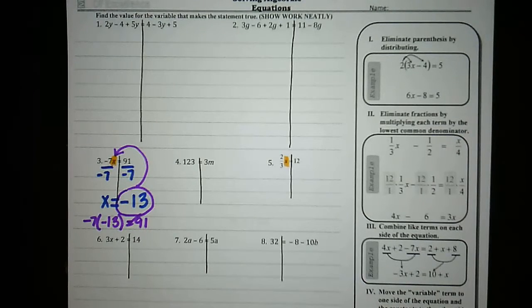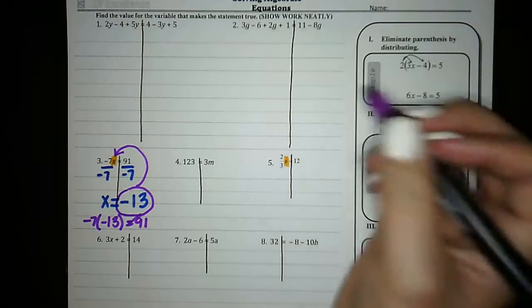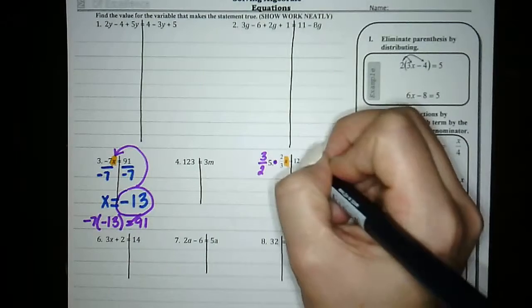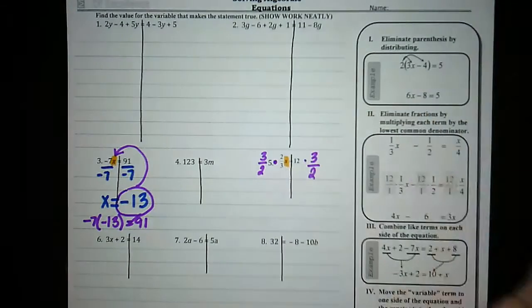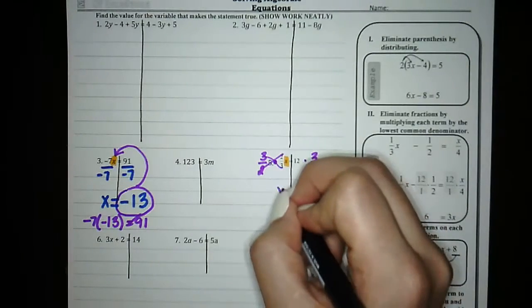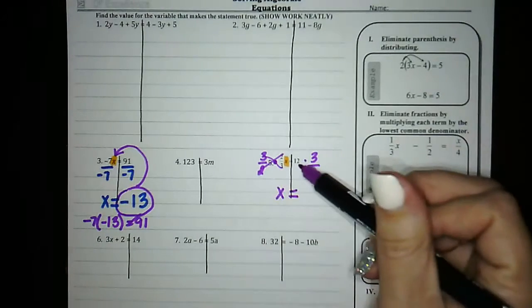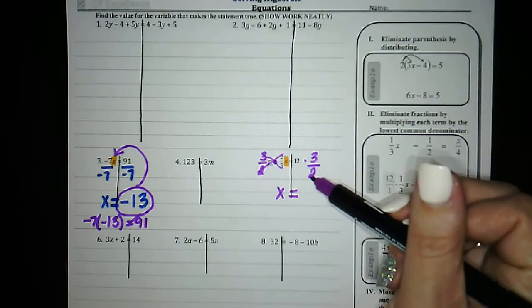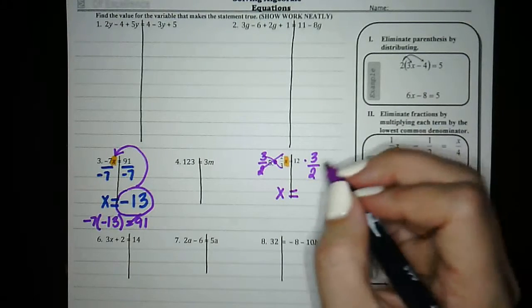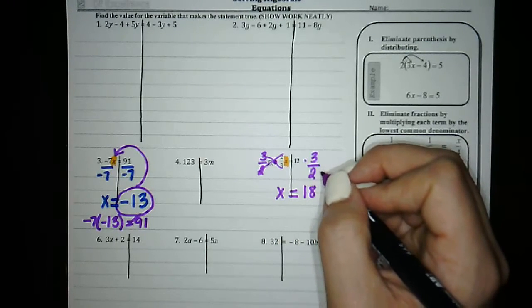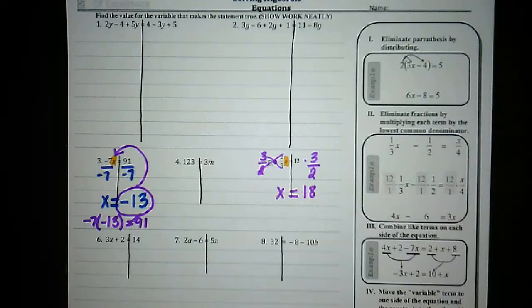So instead of dividing by 2/3, we're actually going to multiply by the reciprocal, which is 3/2 on both sides. So this becomes 1, so we're left with x. 12 times 3 divided by 2 gives us 18. So 12 times 3 is 36, divided by 2 is 18.